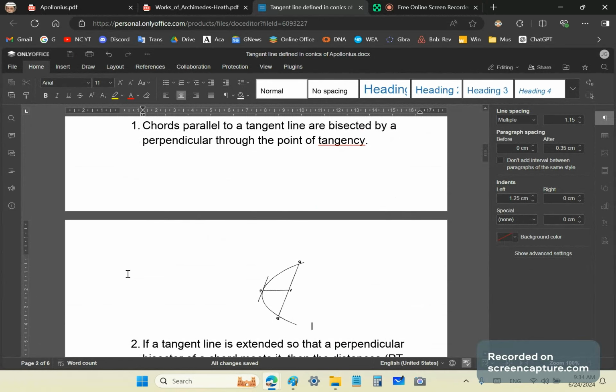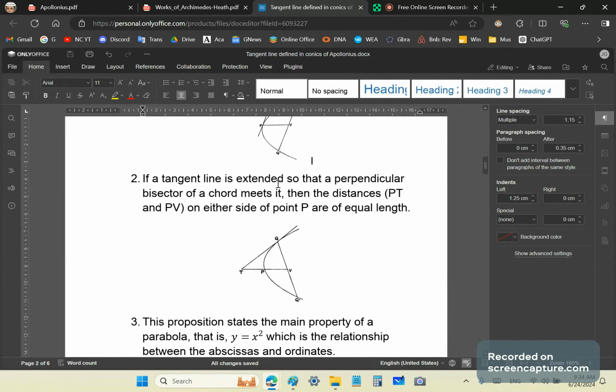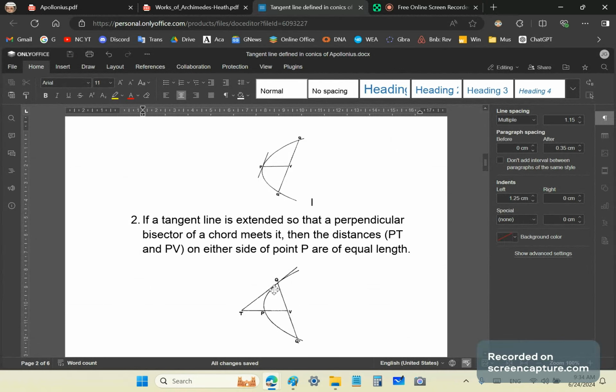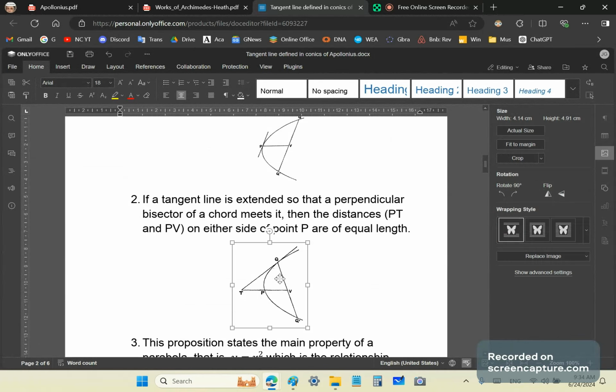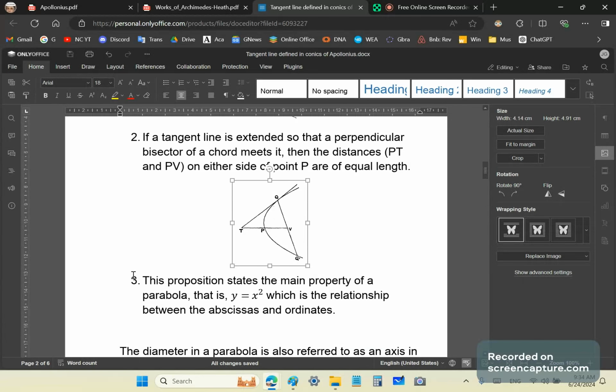That's the first proposition, unproved. And the second is that if you extend a tangent line at Q down here to T, then the distance PT and PV are equal. And the final one states a very important property of the parabola, that is that the y ordinate is equal to the square of the abscissa. Okay, and that's how you see it in modern mathematics.